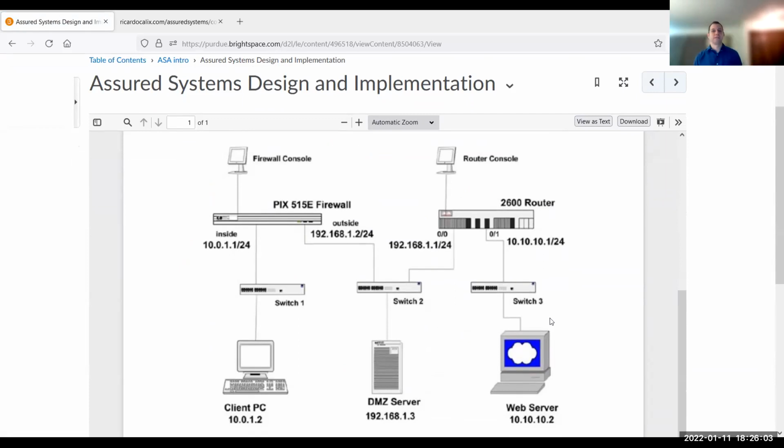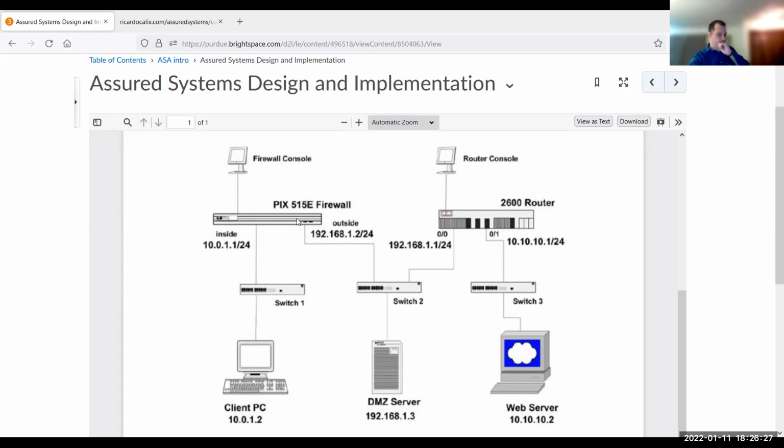Hopefully you guys are seeing this. The basic idea is we want to think not just of a machine as an island, but instead we want to think of a system as a bigger picture. This is a very simple network.